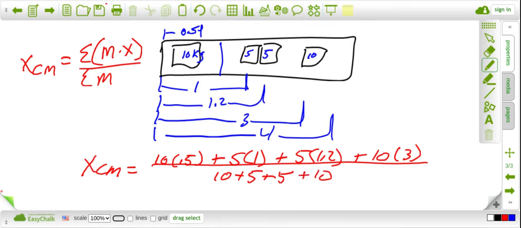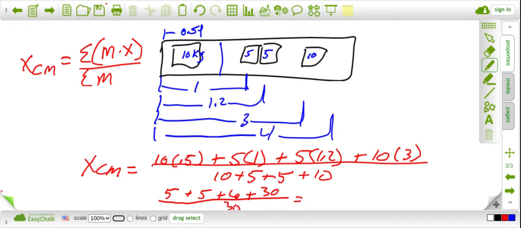And when I do that, I end up with the values of 5 plus 5 plus 6 plus 30, or 46, divided by 10 plus 5 plus 5 plus 10, which is 30.